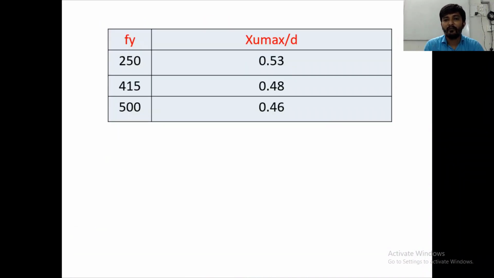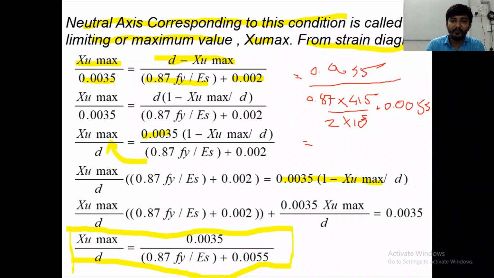You can verify this answer. You will get around 0.48 if you consider all the decimal points, right? XU max divided by D for different grades of steel: how are these values coming? These values are coming using this equation which has been derived over here from the balanced section. This is the maximum value that we can have.